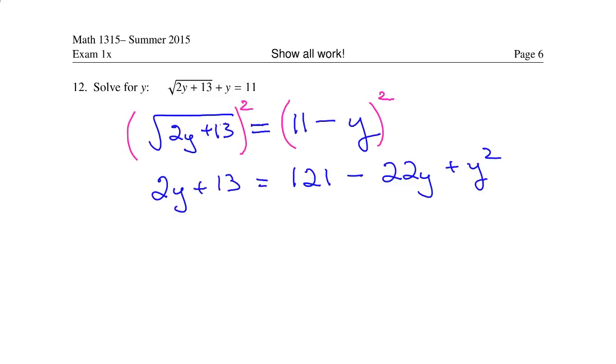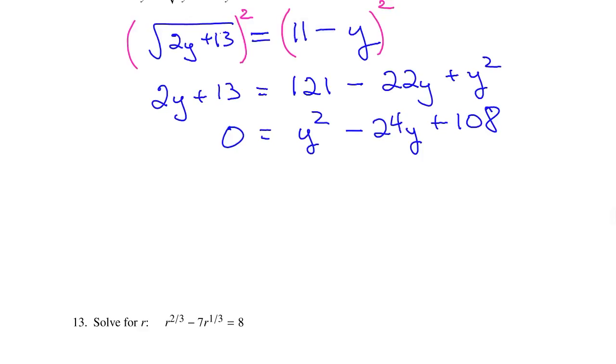We have a quadratic, so I'm going to move everything to the right side. We're going to leave 0 on the left. This becomes y squared. 22y minus 2y is negative 24y. 121 minus 13 is 108. This factors, and it factors as y minus 6 times y minus 18.